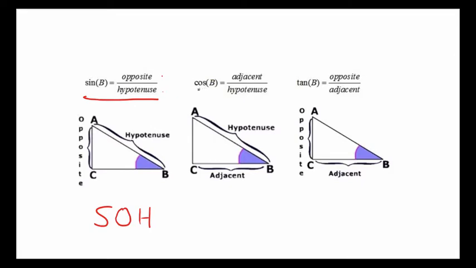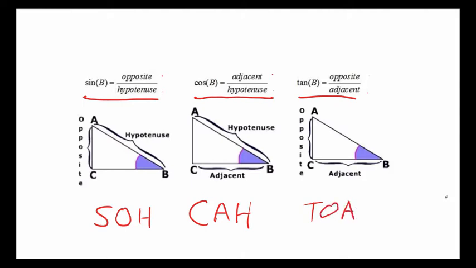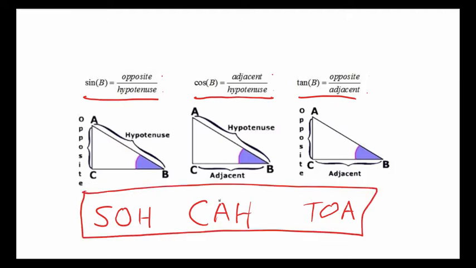Cosine is the length of the adjacent side divided by the hypotenuse. So cosine is adjacent over hypotenuse. And tangent is opposite over adjacent. So that's the mnemonic to remember them. SOHCAHTOA. Alright, see it? SOHCAHTOA.